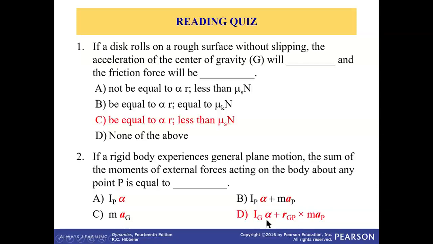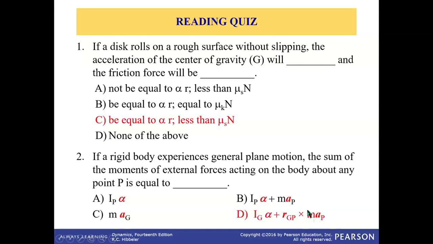The correct answer is Ig alpha plus Rgp cross m Ap, where Ig is the moment of inertia with respect to the center of mass, alpha is the angular acceleration, and Rgp is the vector which goes from point of interest P to the center of mass G. This is the cross product with mass multiplied by Ap.